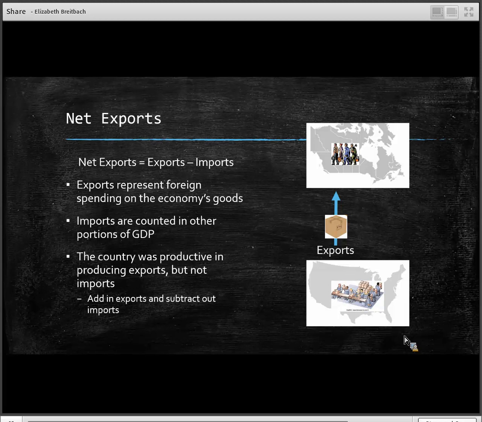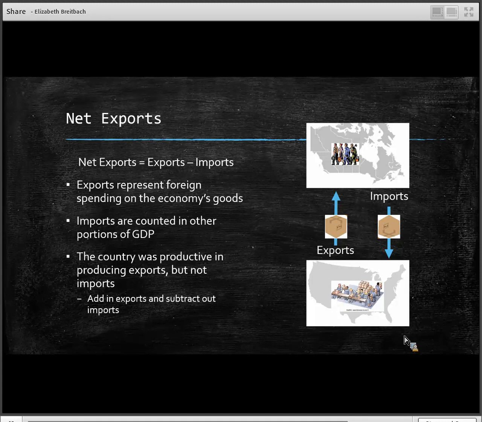What about imports? Those Canadian workers were producing goods and then they shipped them off. So Canada was being very productive, and then those imports came into the United States. They were consumed in the United States. So let's say that it was some lumber to build a house. The Canadians chopped down the lumber, they prepared it for the house, and then they shipped it into the United States.